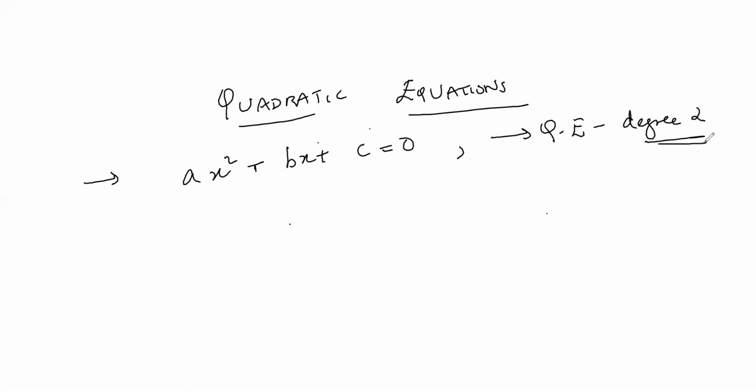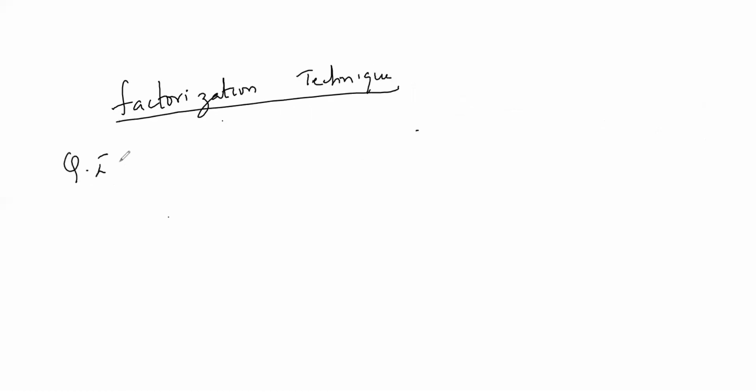And coming to the factorization technique. If the quadratic equation is of the form ax square plus bx plus c, to find the roots or the factors, we have a simple equation.